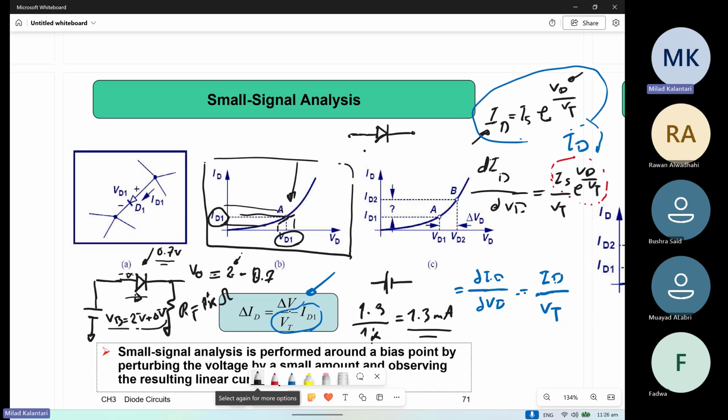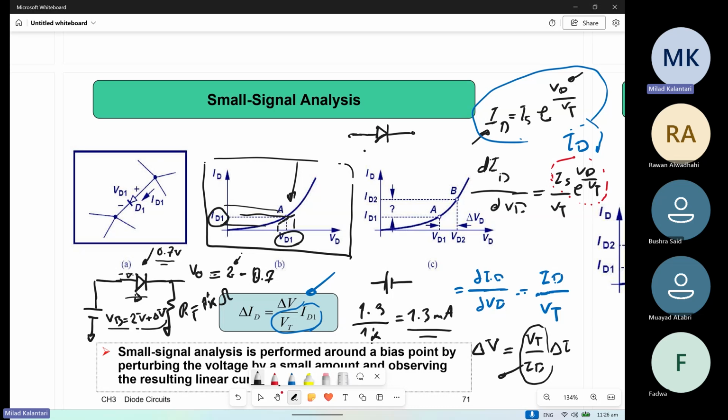So basically, I try to rewrite it for delta V equals something. Delta V is equal to VT over ID times delta I. This is something like V equals IR, right? Delta V equals delta I times something. So basically, this term is some sort of like a resistor, right?